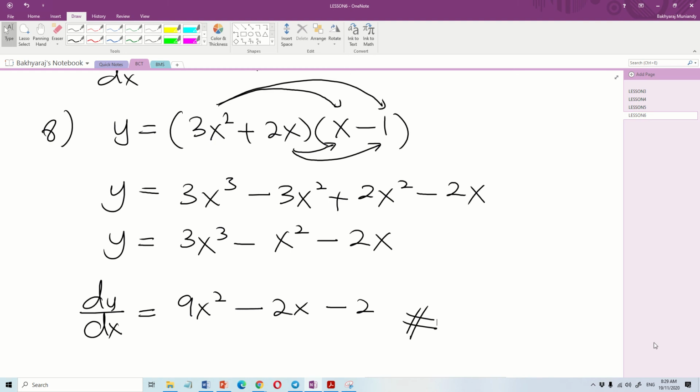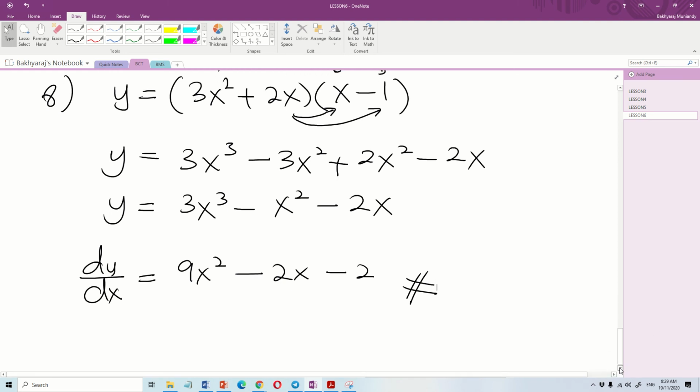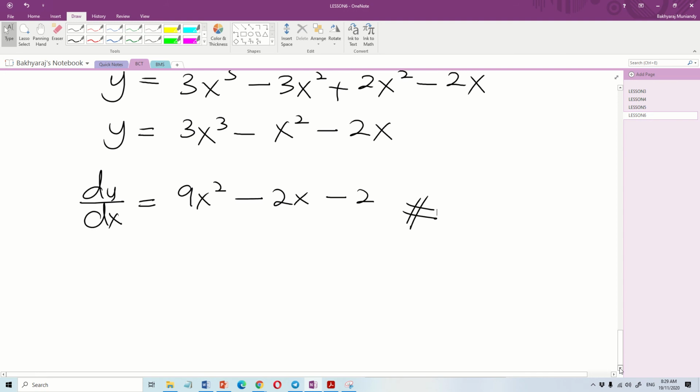Okay, next I proceed with number 9. y equal 1 over x plus 1, x square plus x.